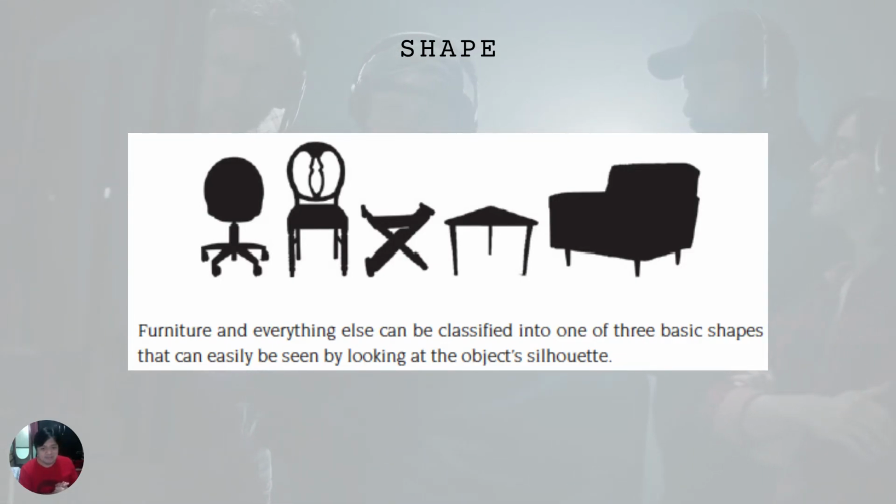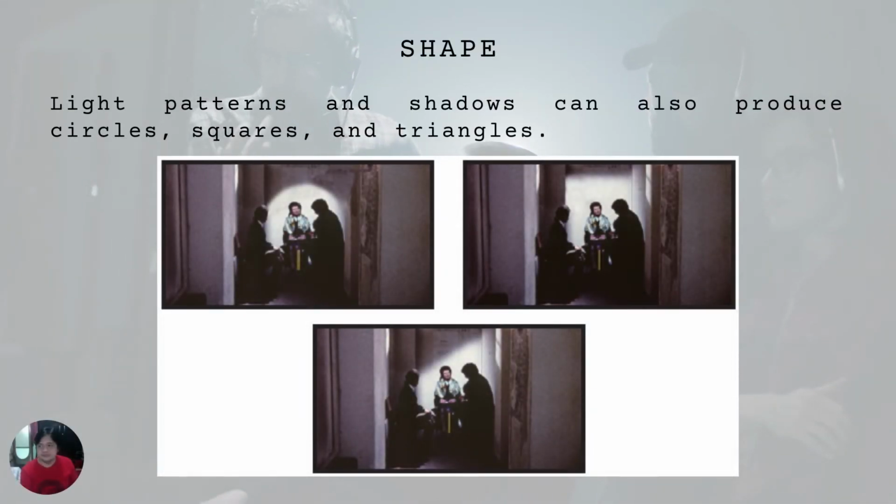And the last one can suggest a square. Now, lighting patterns and shadows can also produce circles, squares, and triangles. And again, it can communicate meaning. The three images in front of you suggest that there are three lighting styles that you can use.